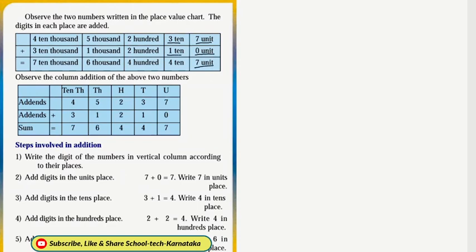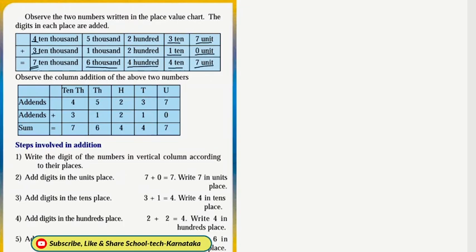When we add 3 and 1 we have 4. 2 at hundreds place, 2 at hundreds place, 4 at hundreds place. 5 at thousands place and 1 at thousands place. When we add we get 6 at thousands place. And 4 at 10,000s place and 3 at 10,000s place. We get 7 at 10,000s place.